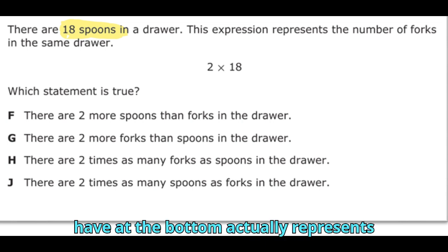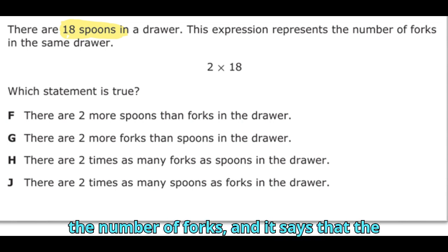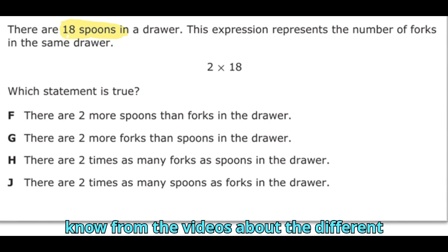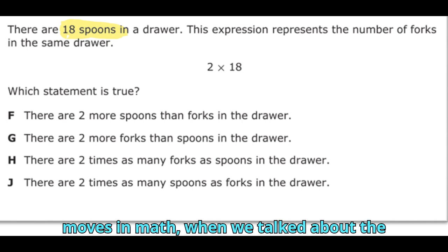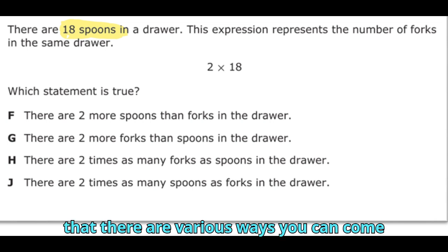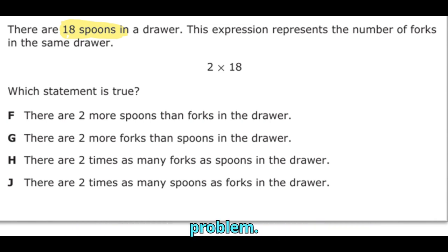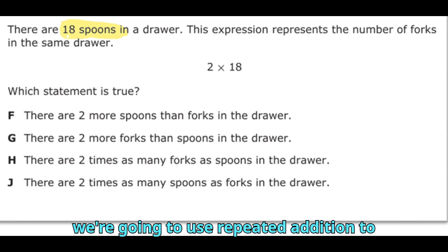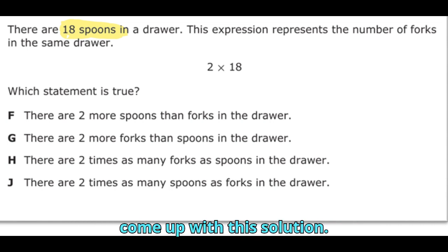The expression that we have at the bottom actually represents the number of forks. And it says that the expression is 2 times 18. As we know from the videos about the different moves in math, when we talked about the move of multiplication, we also noticed that there are various ways you can come up with the answer to a multiplication problem. One of them is repeated addition, and we're going to use repeated addition to come up with this solution.